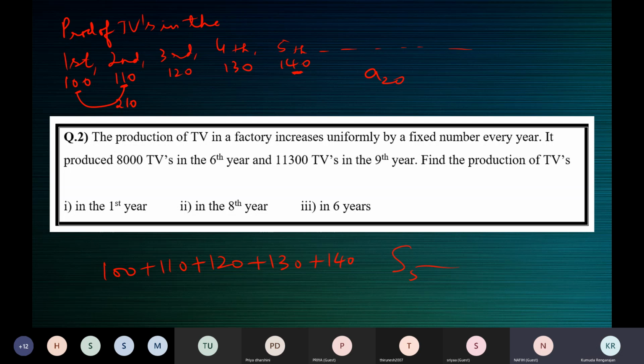How many televisions were produced in 20 years? S20. While A20 refers to the production during the 20th year, S20 refers to the production in 20 years: A1 plus A2 plus A3 plus A4 till A20.